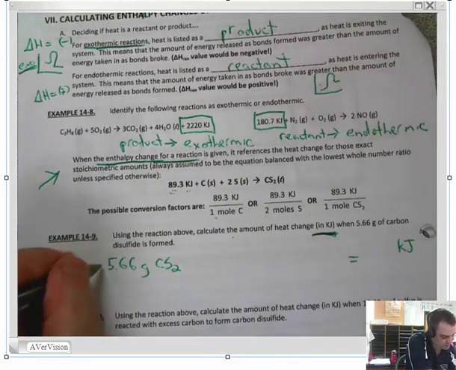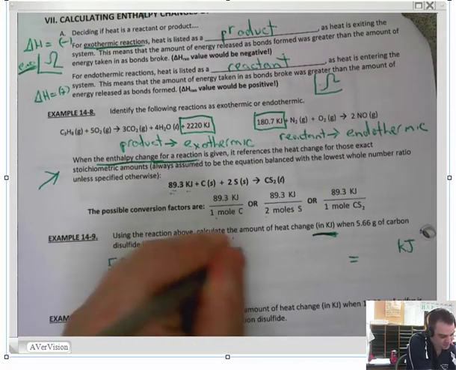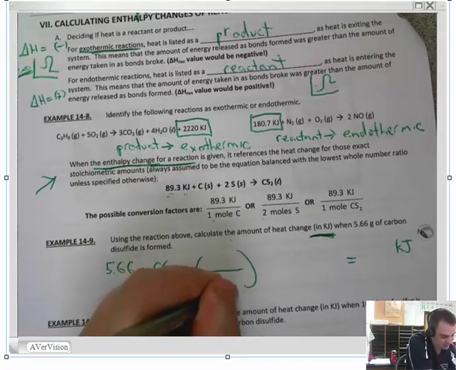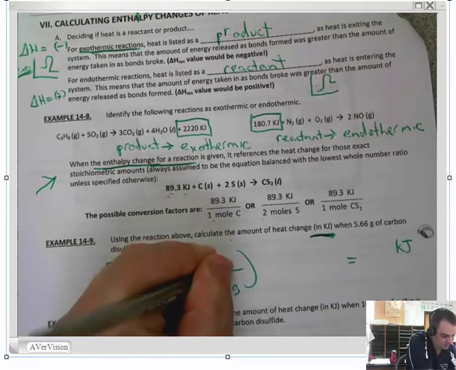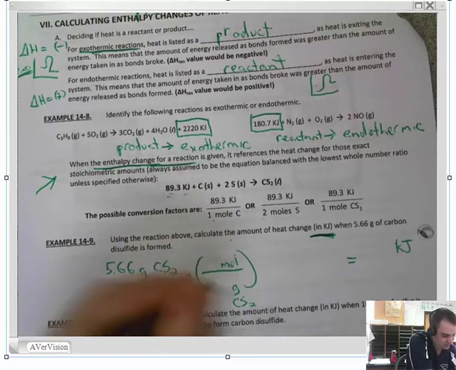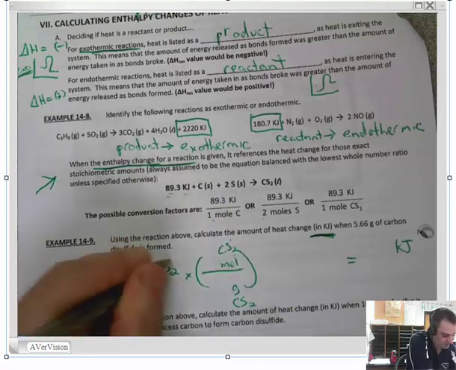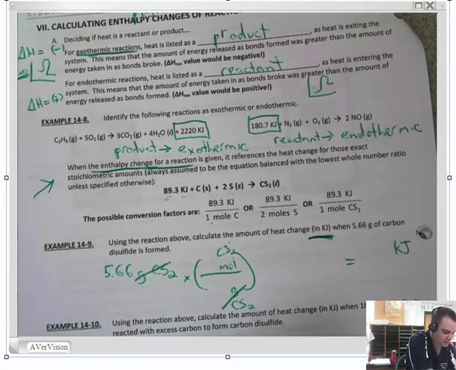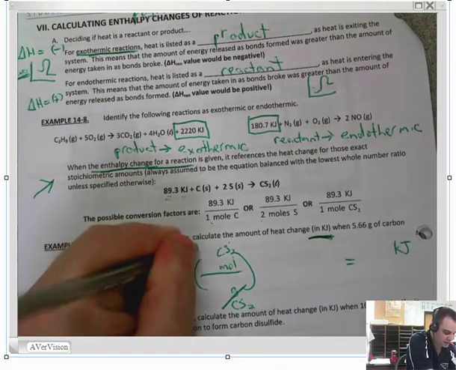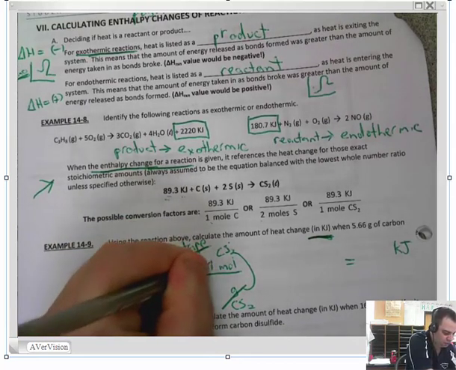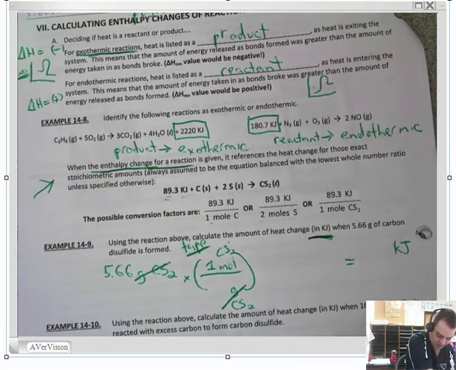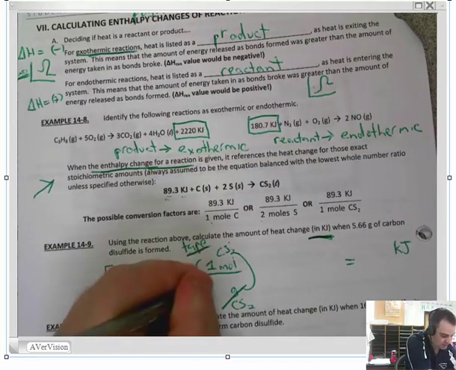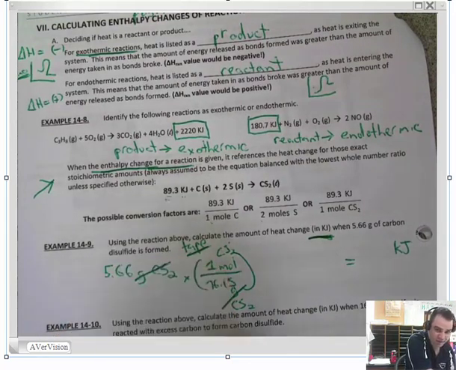Step 1. When in doubt, go to moles. Grams on the top, grams on the bottom. What are we going to convert to? Moles. Swish, swish. What does the tape say? Tape says 1 mole. Grams, molar mass, 76.15 for carbon disulfide.